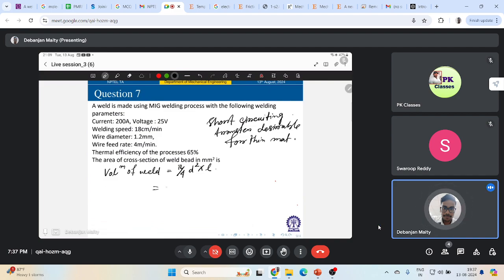So I will end up with pi by 4 into 1.2 square into 4,000. My wire feed rate is 4 meter per minute, so this will be in millimeter cube per minute. This is my volume. So how can you find out the cross-sectional area? Area is volume by speed.